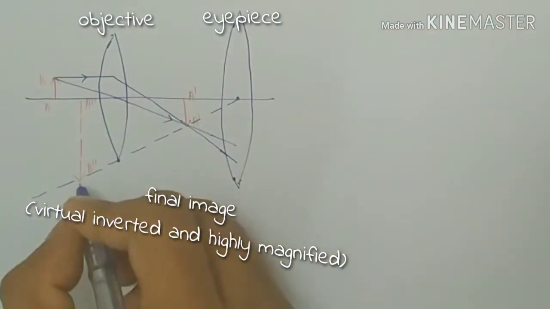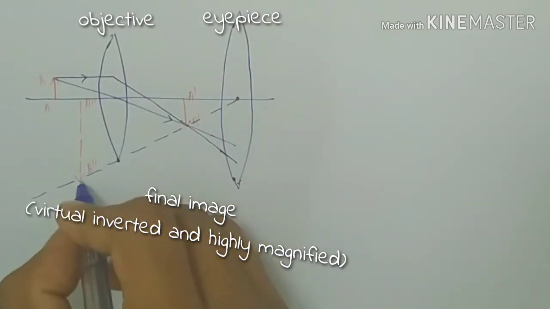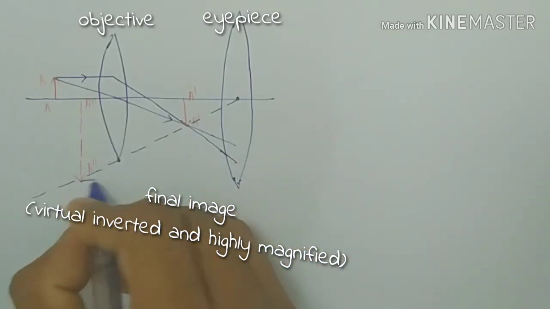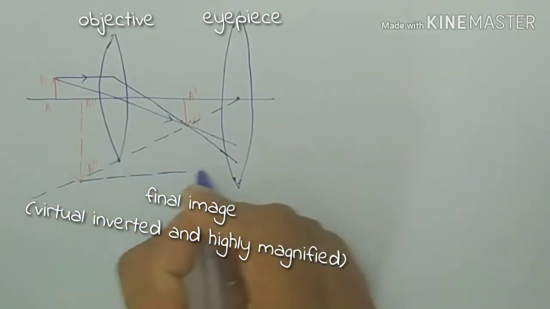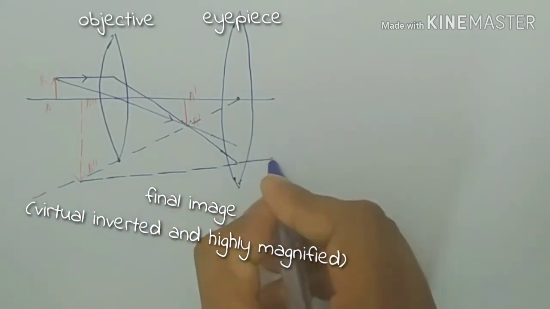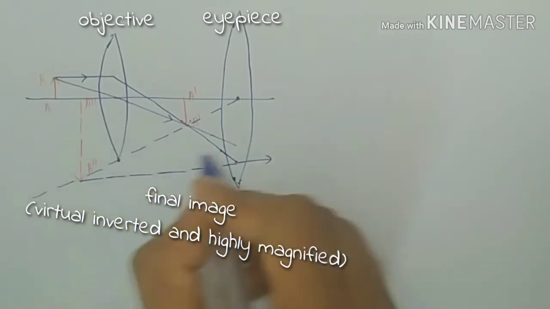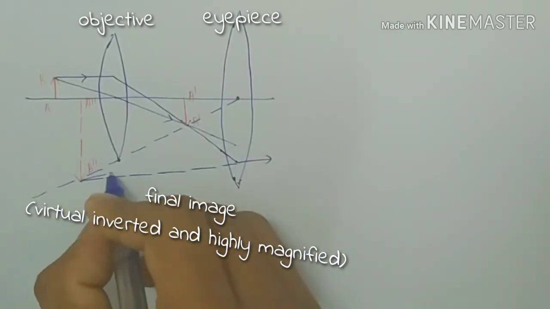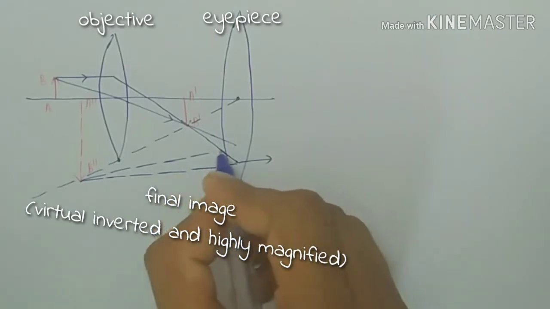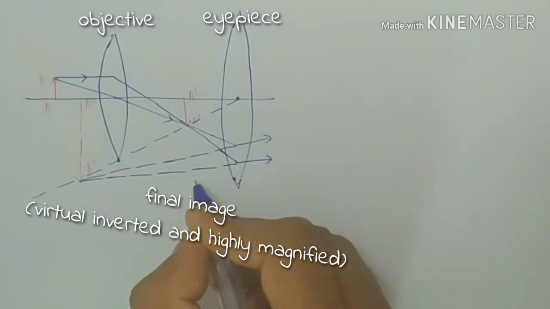Assume that if I am drawing a dotted line from this point to this point, I could draw a dotted line like this. Then I am extending this as a bold line. Then from here to here also I am drawing a dotted line, and I am extending it to a bold line like this.